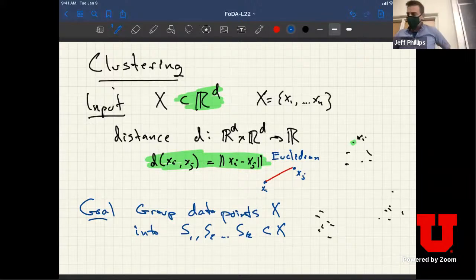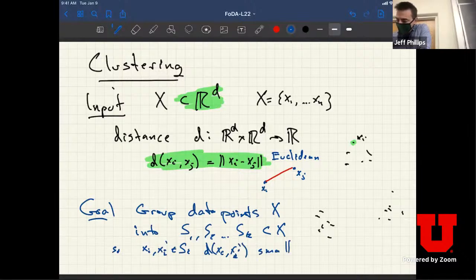But into these subsets, if I have xi prime in Si, then the distance between xi and xi prime is small, and if I have xi in Si and xj in Sj, then d(xi, xj) is going to be large.